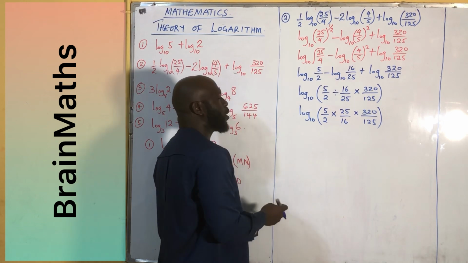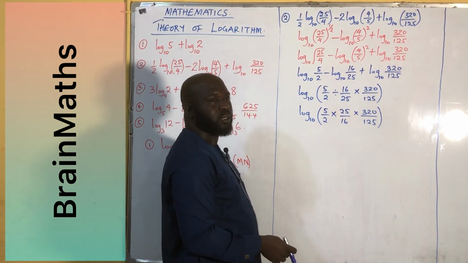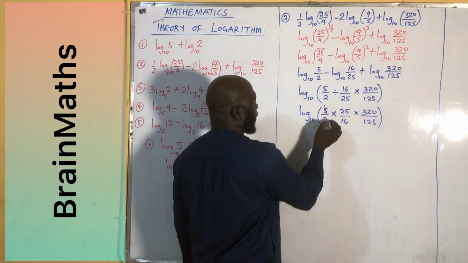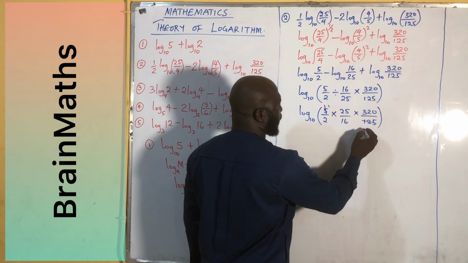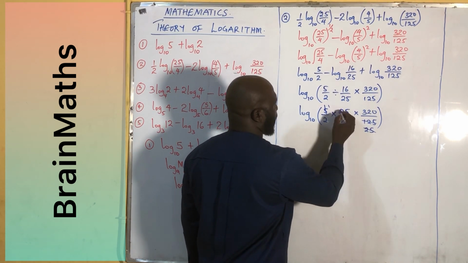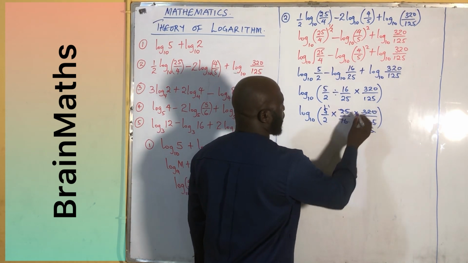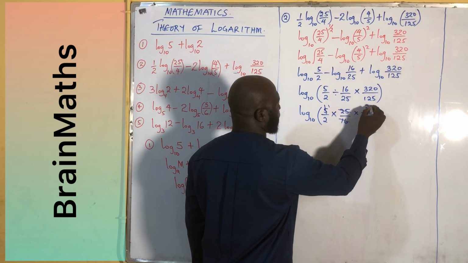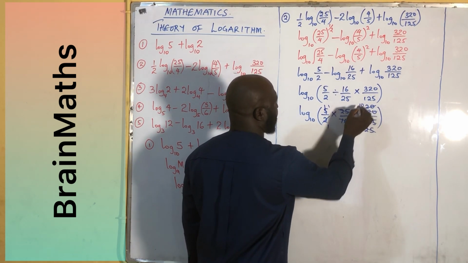Now all we have to do is to look for ways to break this down. 5 in 125 will give us 25. 25 will cancel 25. 16 in 320 will give us 20, and 2 in 20 will give us 10.